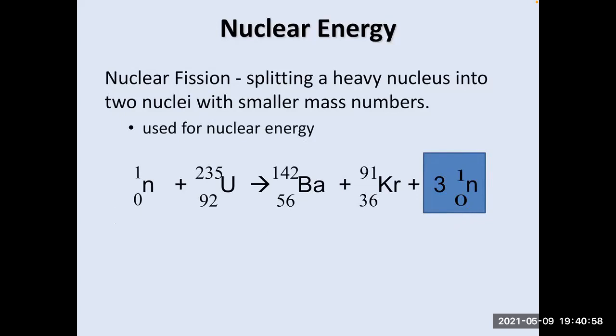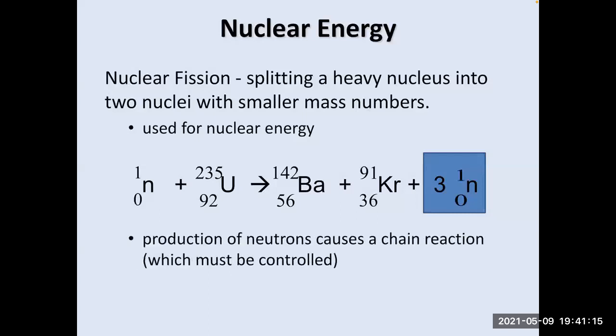That bombardment breaks it down into two other elements as well as three neutrons. Those three neutrons then continue the process of bouncing into other uranium atoms. The production of these extra neutrons causes a chain reaction, which has to be controlled.